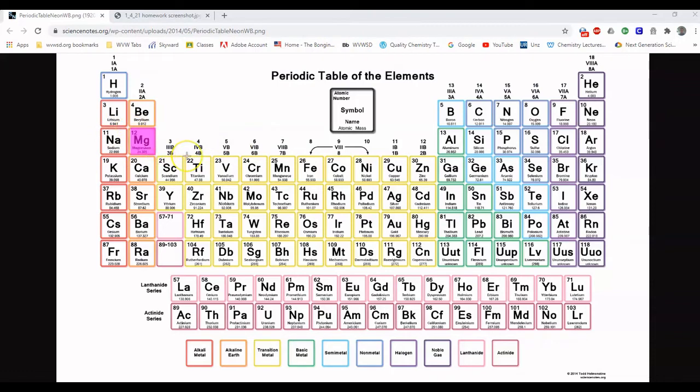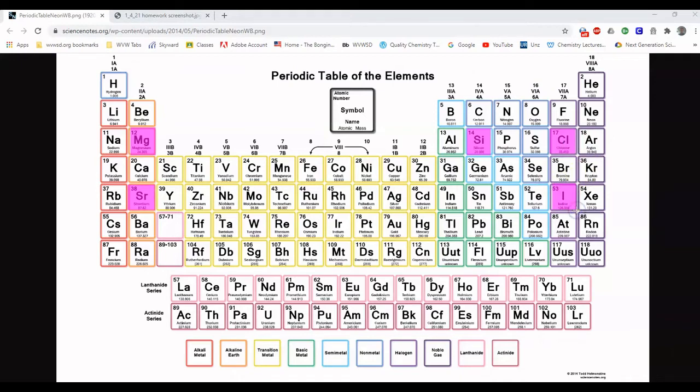I'll put a little highlight over that, and then strontium, which is below it. Strontium's lower, so it's going to be bigger than magnesium. Then we have silicon, over here. Things further to the right-hand side are going to be smaller, so silicon's smaller than magnesium. Then we have chlorine, which is even further to the right, so even smaller still. And then we have iodine, which is here.